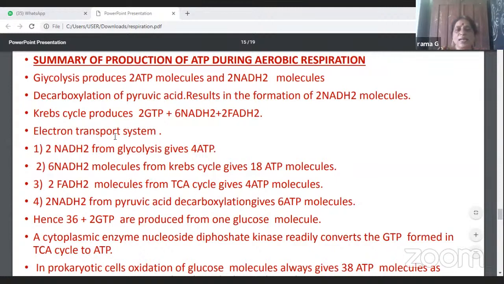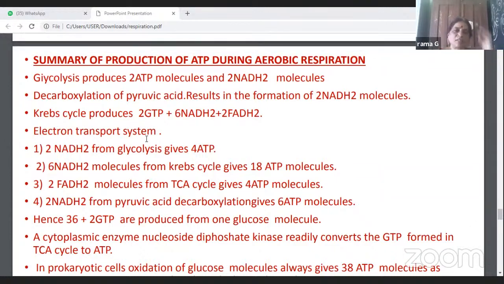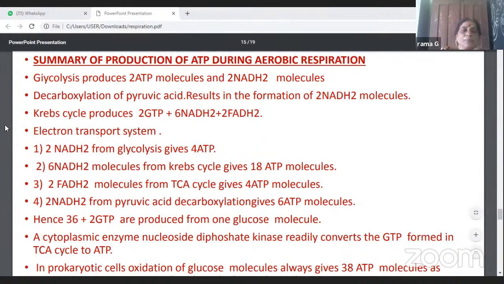Then during the electron transport, what happens? Actually this NADH2, FADH2 are not directly utilized. But this NADH2, by undergoing electron transport, synthesizes ATP molecules through chemiosmosis. Okay, so here if we calculate the total number of molecules, during the glycolysis, 2 NADH2 molecules are produced and 4 ATP molecules.